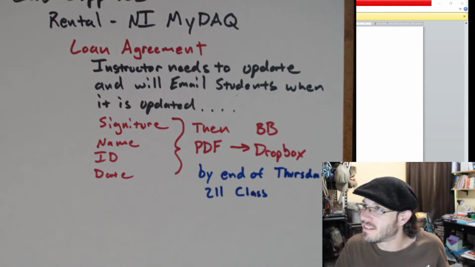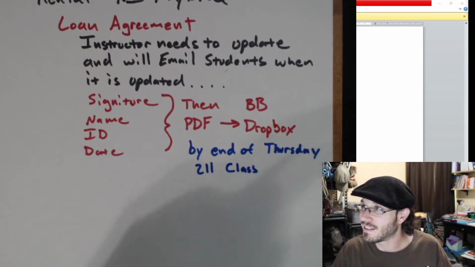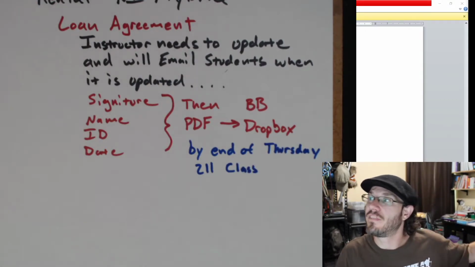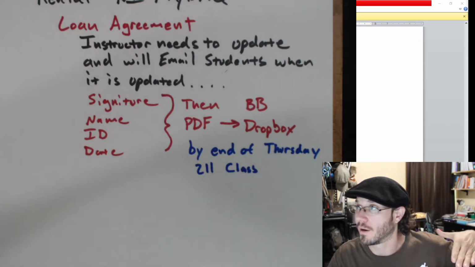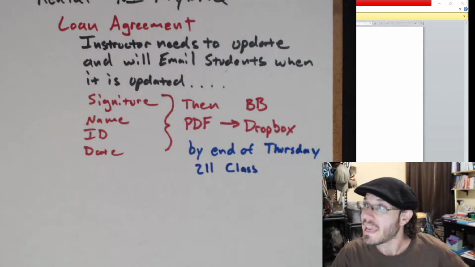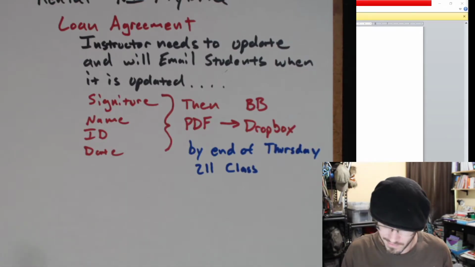Okay, this ensures that if I get it by Thursday, I can submit it to the department. Somebody can then physically walk these things over from our department over to the bookstore. That means next week, you can pick them up from the bookstore and then we can get started on the labs.